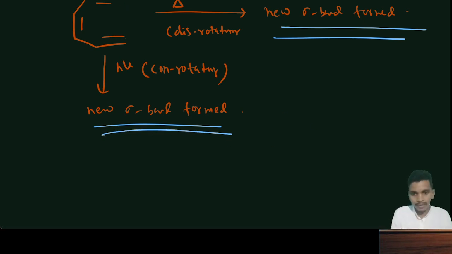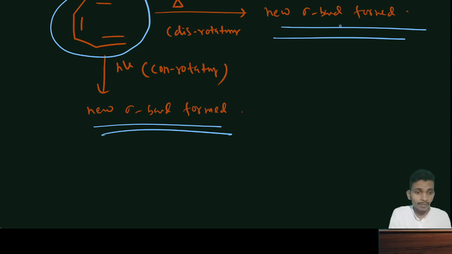So if the substrate is this, then if you give heat and do conrotatory, there will be no sigma bond formed. Okay, at the same time, if you are giving photochemical conditions and doing disrotation, then no new sigma bond will form.